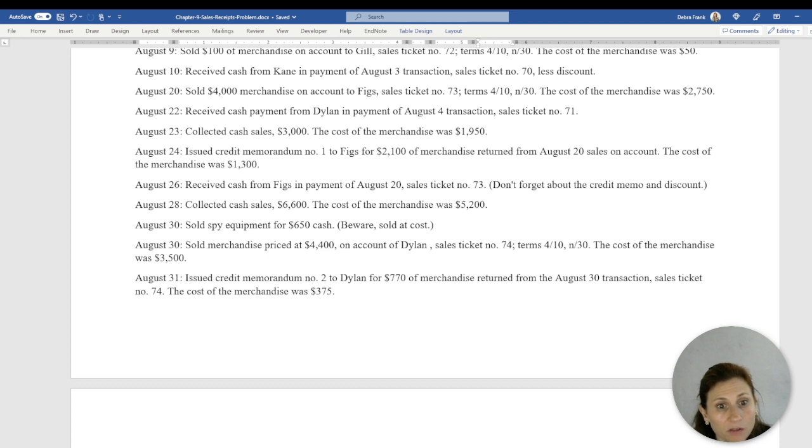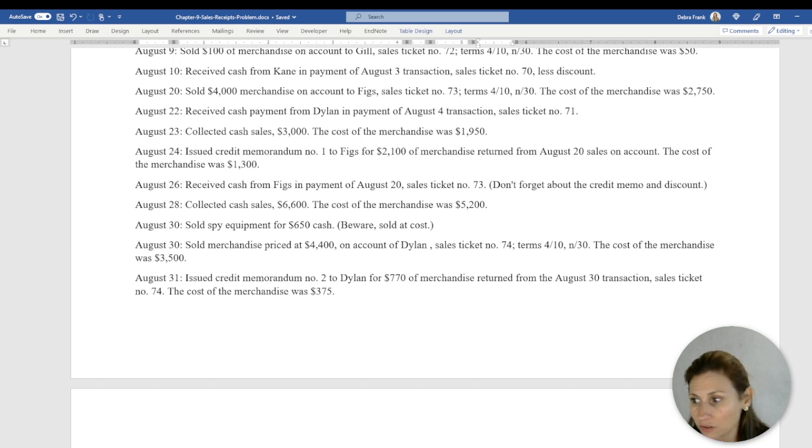Sold spy equipment for $650, and they said they sold it at cost. So maybe it was a special deal with a special company. If you pay cash and you're special, we're selling you at cost.